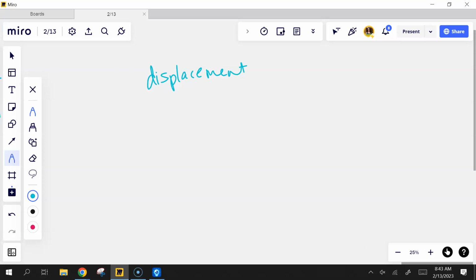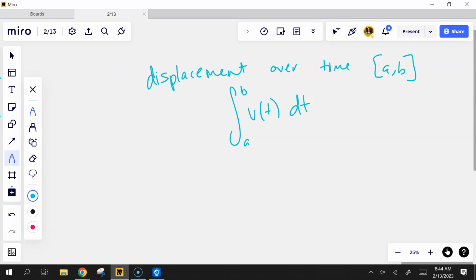So what if I told you displacement over time, let's say from A to B, I could find by doing the definite integral from A to B of velocity. Could that possibly help you in finding position at a certain time?